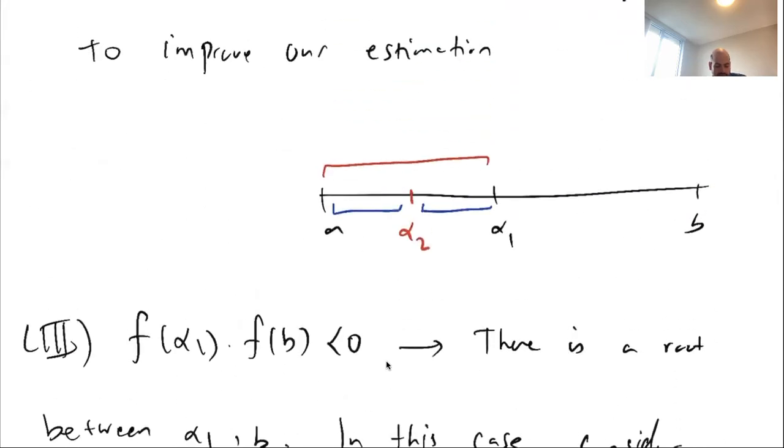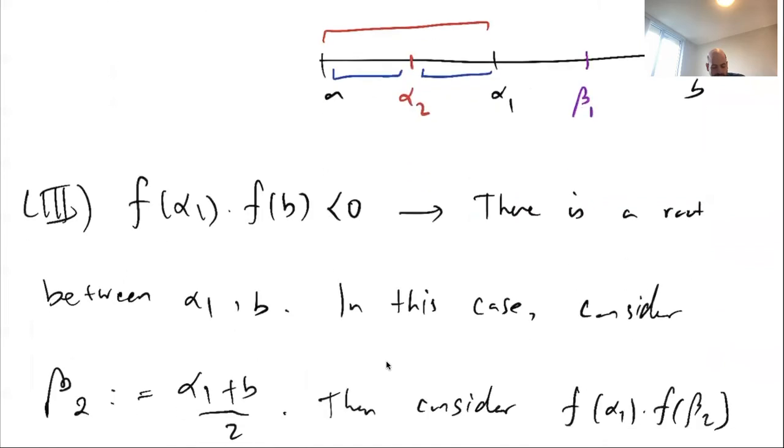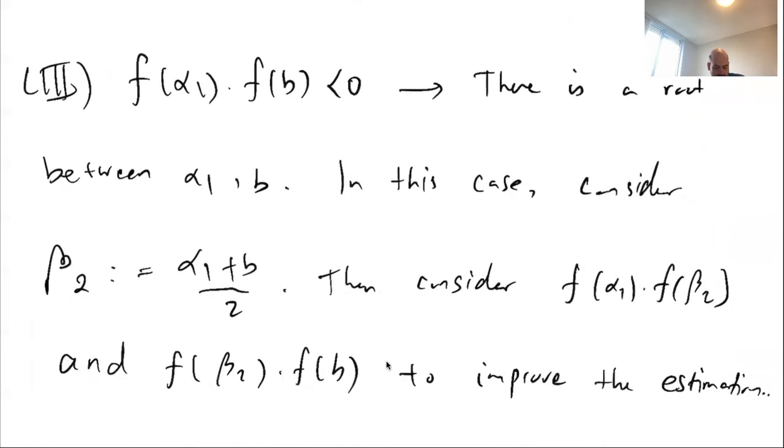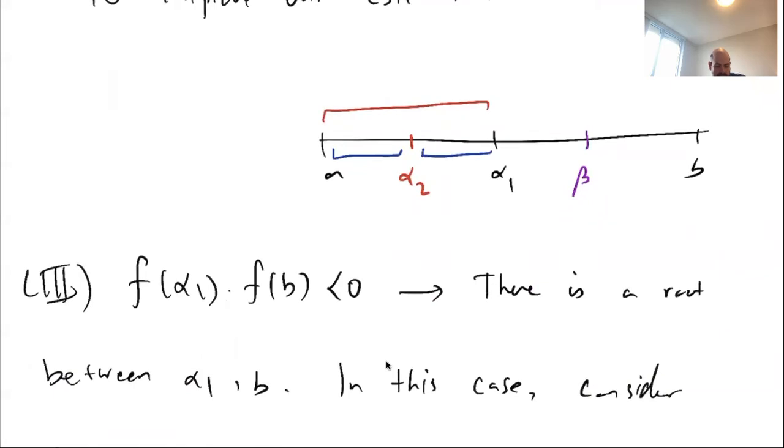Right, so if the root is between alpha 1 and B, then once I consider beta 2 here, again we can have two possibilities. The root, which we narrowed down between alpha 1 and B, could be between alpha 1 and beta 2. And in that case, f of alpha 1 times f of beta 2, this number here, will be negative.